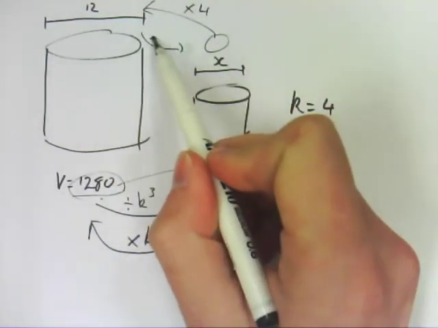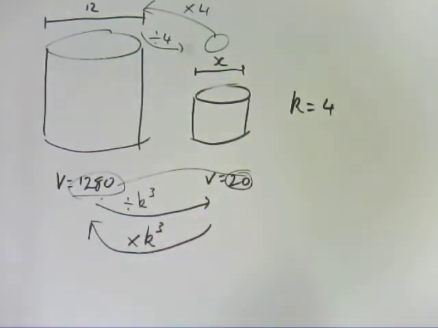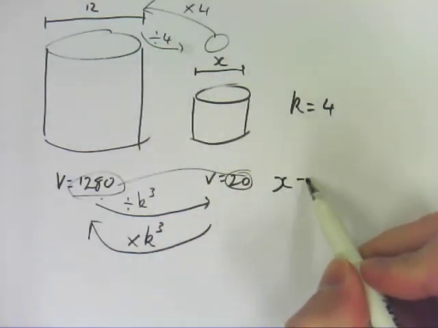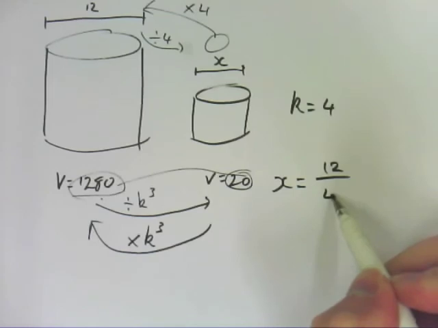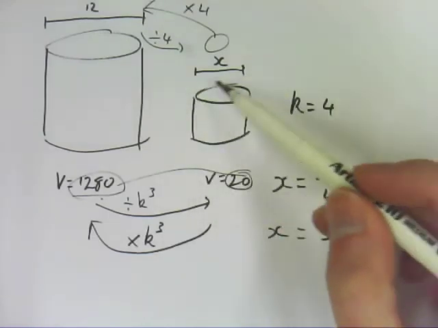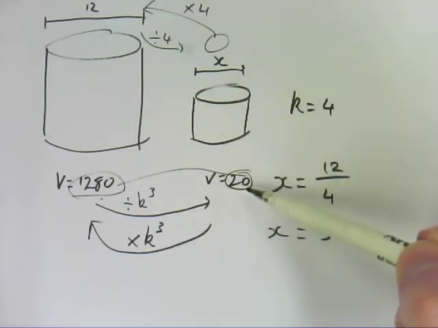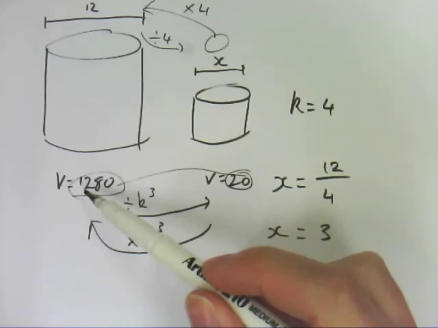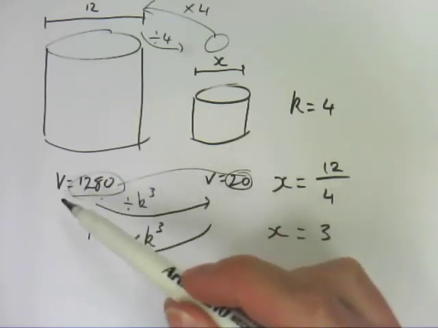So to come backwards, I would need to divide by 4, which means x is 12 divided by my scale factor. So x equals 3. So the diameter of that cylinder is 3, which gives us the volume of 20. When you multiply that by 4, you actually end up at 1280.